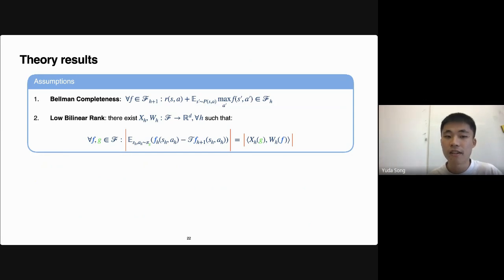The second assumption we make is basically a structural assumption. We assume that the MDP we are in, plus our function class, has this low bilinear rank structure.